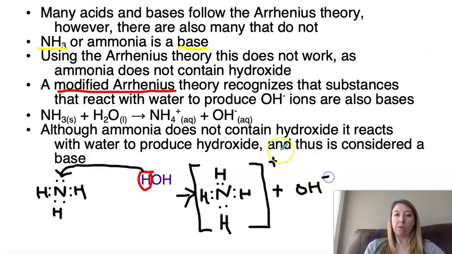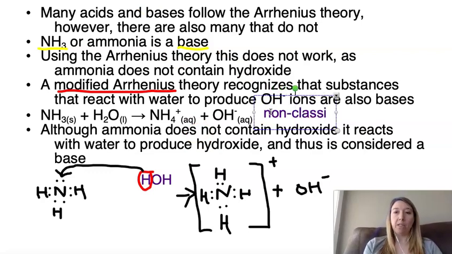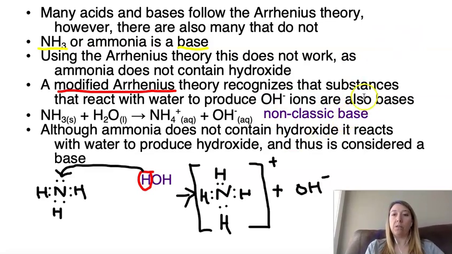Okay, so we're not going to ask you to draw it out like this, but I'm just showing you what happened. So ammonia falls into this general category that we tend to call a non-classic base. When we talk about classic bases, those are the ones that match up with Arrhenius's original theory, which is that they contain hydroxide.